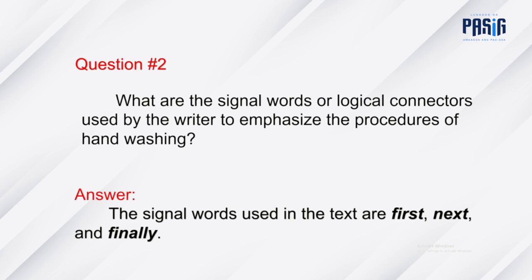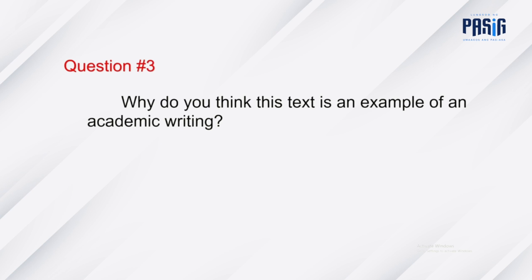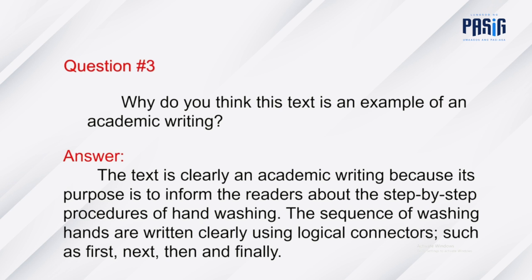Here's your final question. Why do you think this text is an example of an academic writing? Amazing answer! The text is clearly an academic writing because its purpose is to inform the readers about the step-by-step procedures of hand washing.